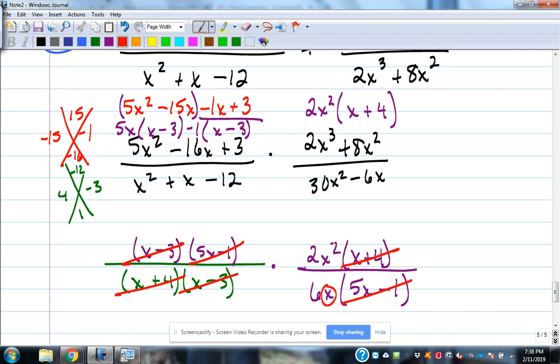This x and then this x squared, this x will cancel one of those. The 2 and the 6: 2 goes into itself once and into 6 3 times. So it's going to be 1x over 3. So that big ugly problem we started off with simplified down to just plain old x over 3.